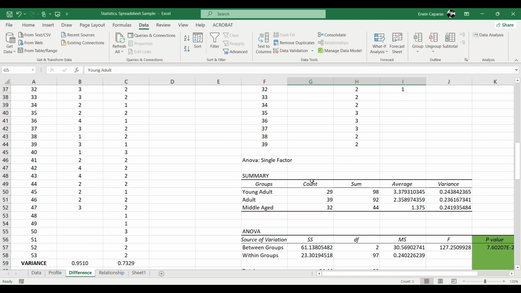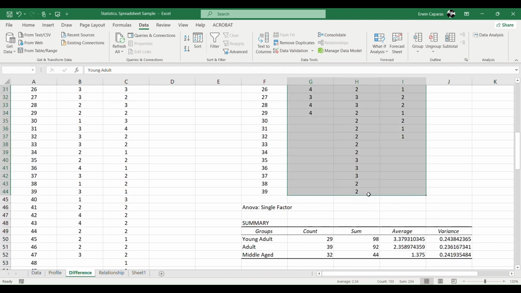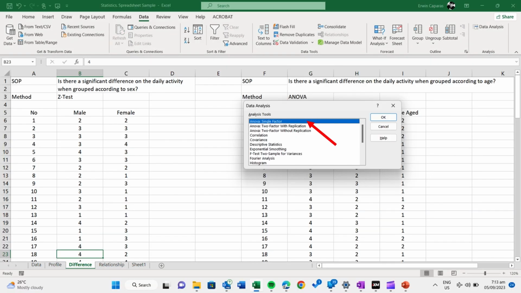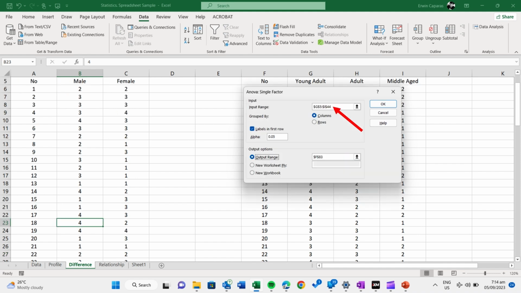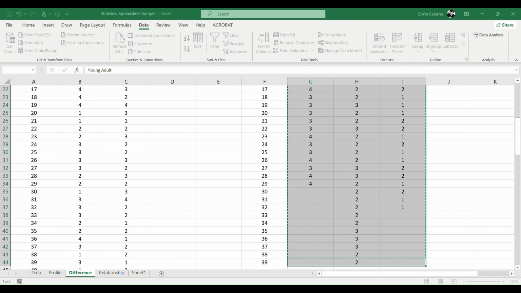Okay, so how do we compute for the analysis of variance? Again, we highlight the data until the end of the data, and then we click Data Analysis. On the first part, ANOVA single factor, and then the input range, we highlight the data.